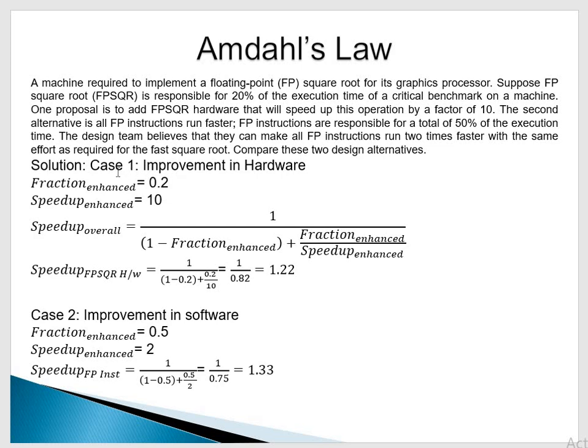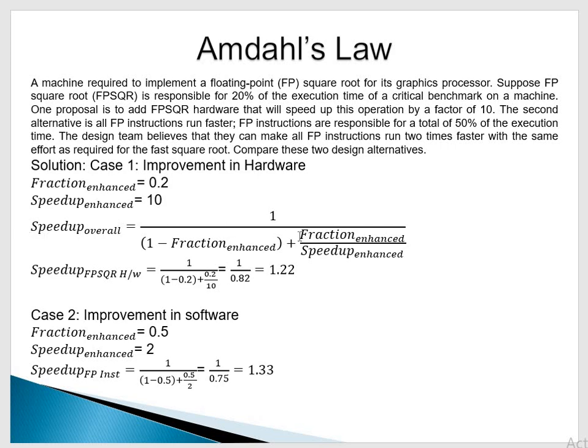So first of all, we'll consider the first case, the improvement in the hardware. What is given? The hardware that will be improved contributes 20% of the total machine, so the fraction enhanced will be 0.2, and after the improvement in the hardware, the speed of that portion will be increased 10 times. That is why speed up enhanced is 10.